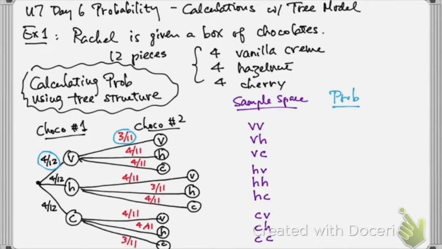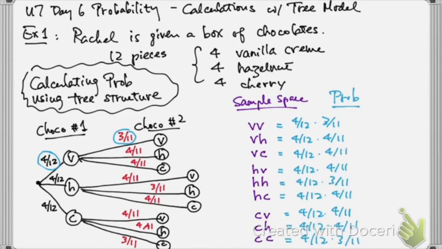For VV, it's going to be a multiplication of 4 over 12 times 3 over 11. For VH, it's going to be 4 over 12 times 4 over 11. For VC, it's going to be 4 over 12 times 4 over 11. And I've written out the rest like so.